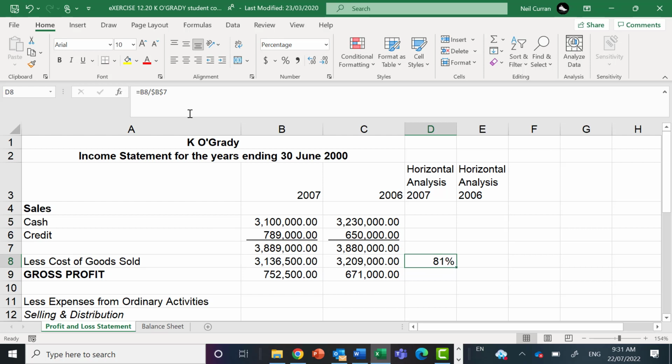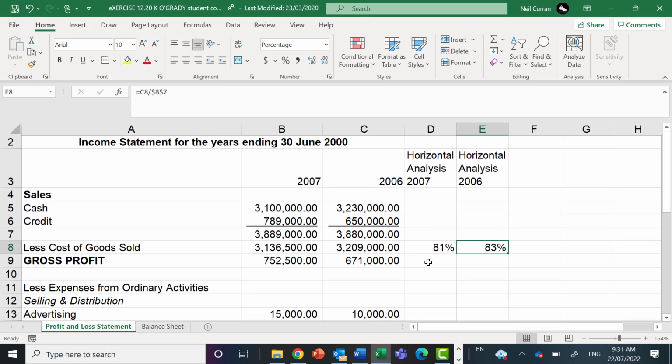Okay, and then with the dollar signs you can drag that down, and it allows you to keep this same cell here. So we can move this across, and as you can see, cost of goods sold has decreased in relation to our sales figure from the previous year. So that is a good response.